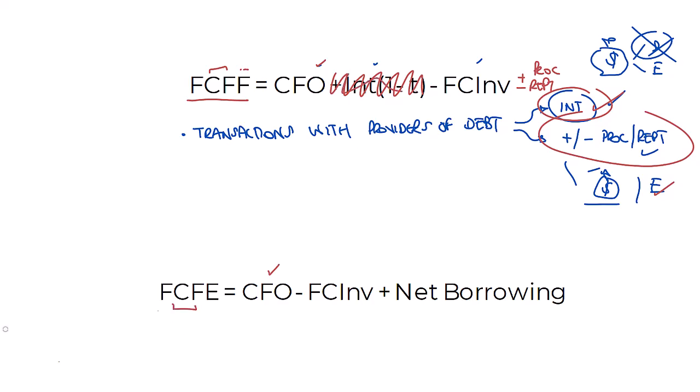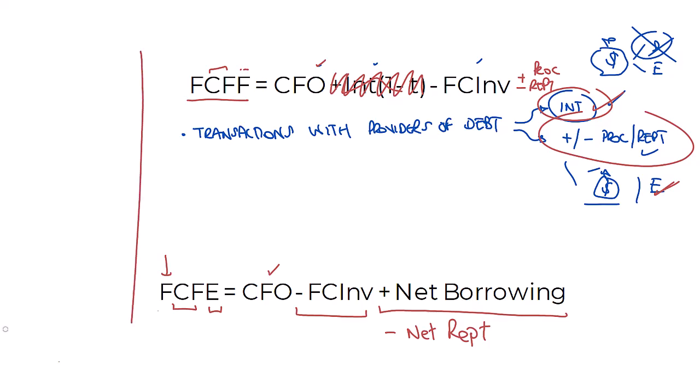Not adding back interest, but including net borrowing or deducting any net repayment. Make sure it's to equity. To make sure it's free, we are still deducting fixed capital investment. And we're in business. You now have the formulas hopefully hooked into your brain, not just a list of letters, but hooked into your brain.